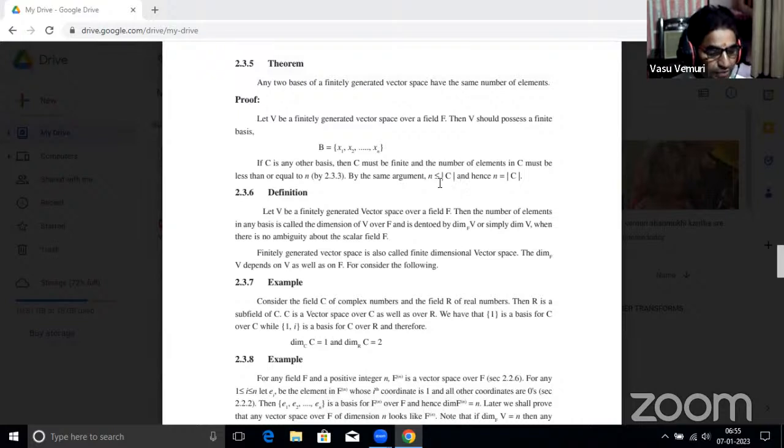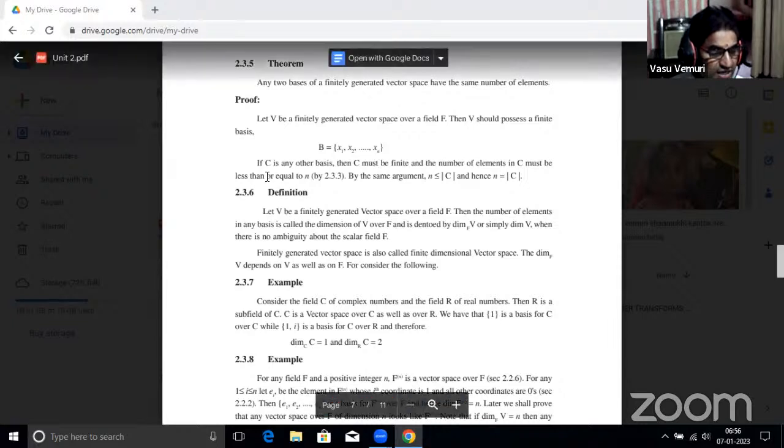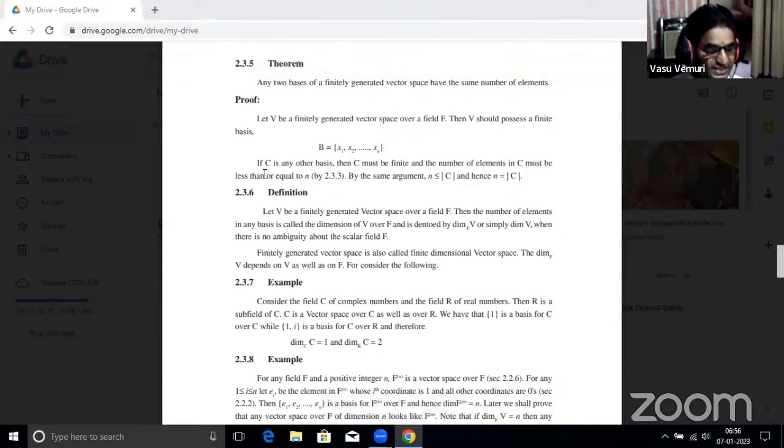By the same argument, n does not exceed mod C, that is n is less than or equal to mod C. Then automatically the n elements must be equal to the elements of the other basis. So mod C is also equal to n. The same number of elements are given in the basis set C, namely y1, y2, so on, yn.